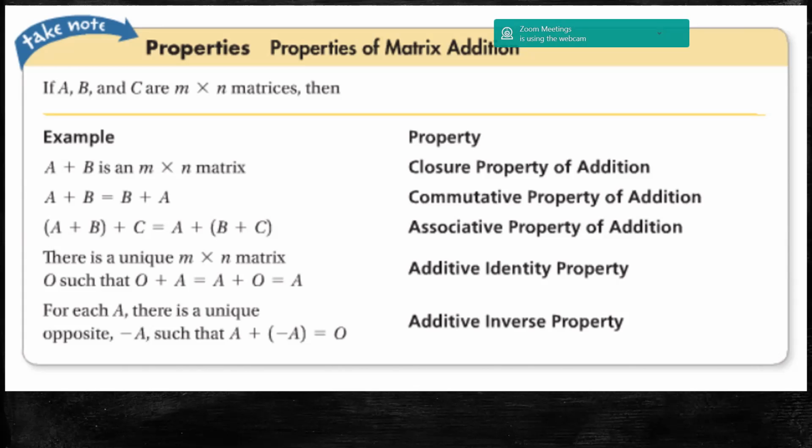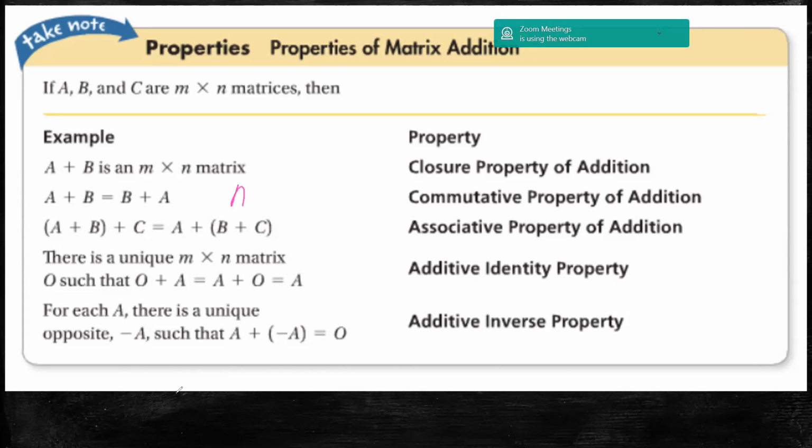If you add any two matrices and change the order, you get the same answer. And A plus B plus C is like the associative property.